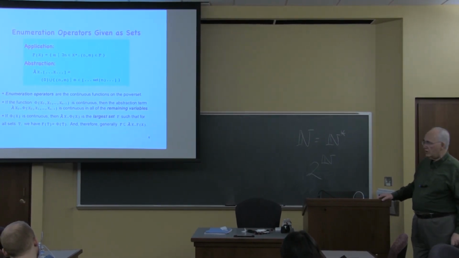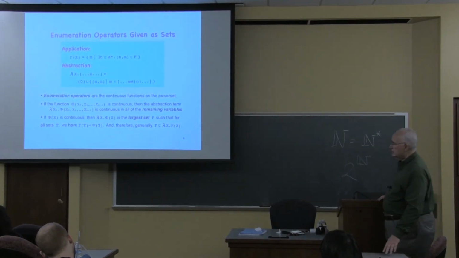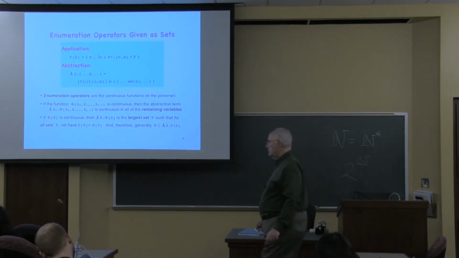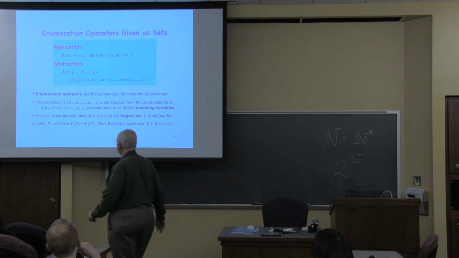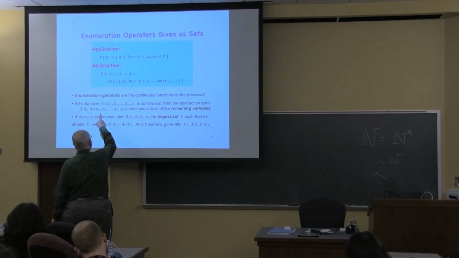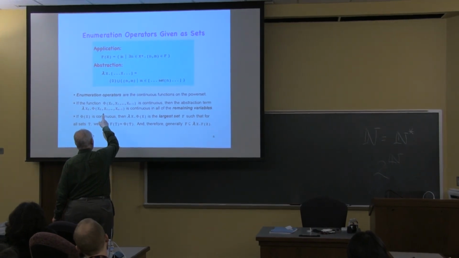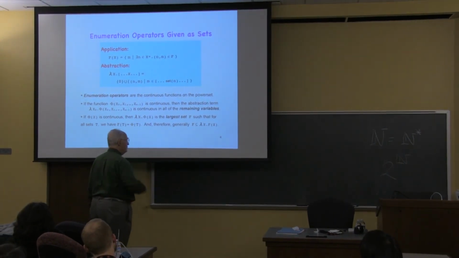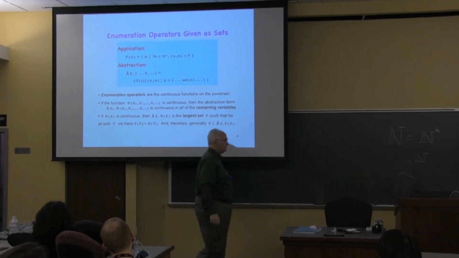So here is the way this works. And people use, in fact, it's a well-known phrase from recursive function theory, enumeration operators. Enumeration operators are just the continuous functions on the power set.